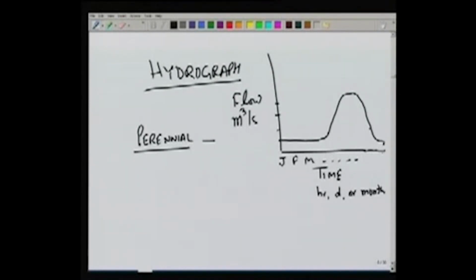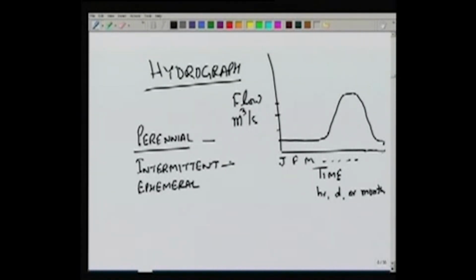But the other kind of streams, intermittent and ephemeral, may not have flow during some part of the year.